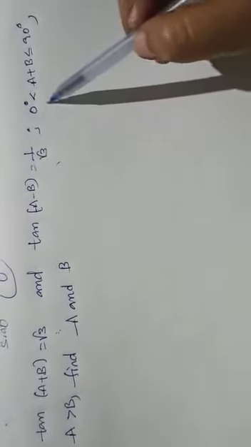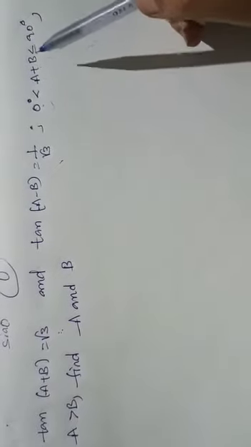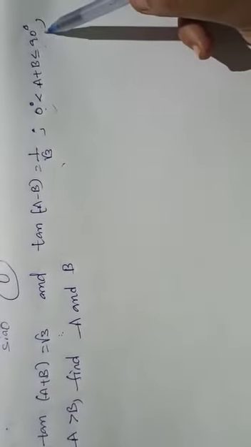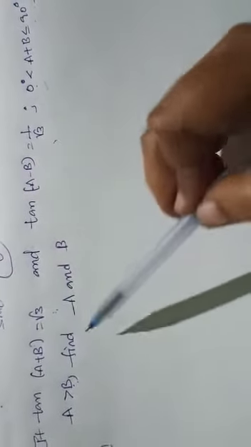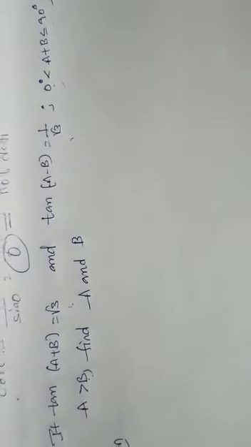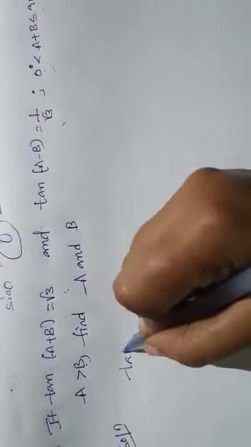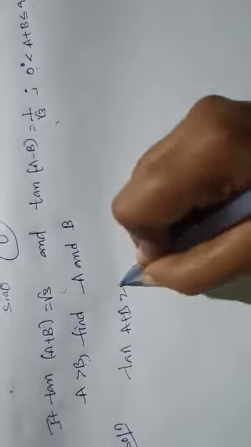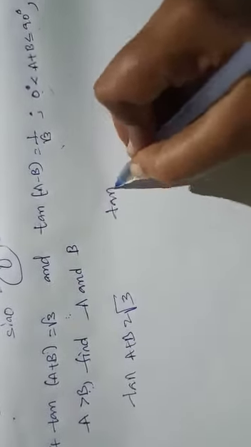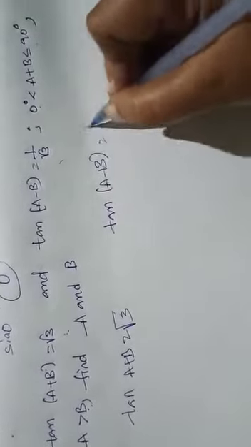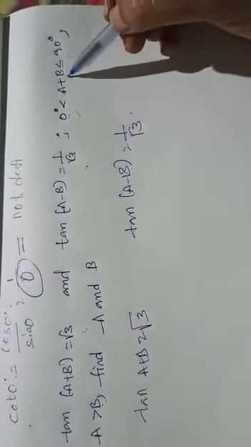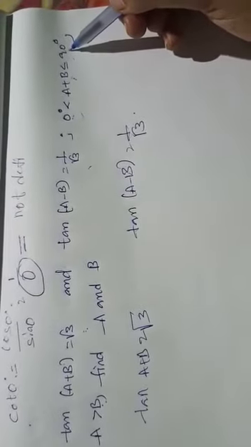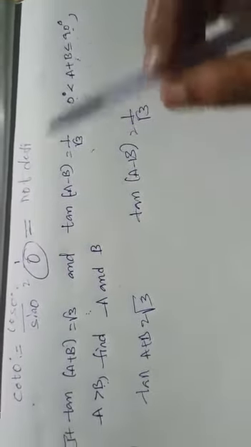Here the given condition is 0 degrees less than A + B less than or equal to 90 degrees, and A greater than B. Find A and B values. Here, given these conditions, A + B should be greater than 0 and less than or equal to 90 degrees and A greater than B.